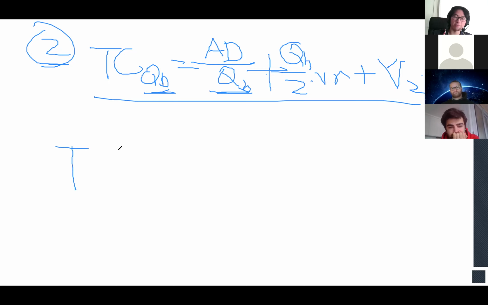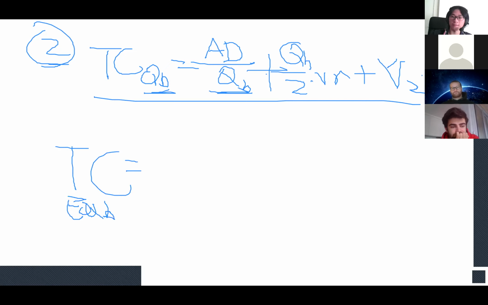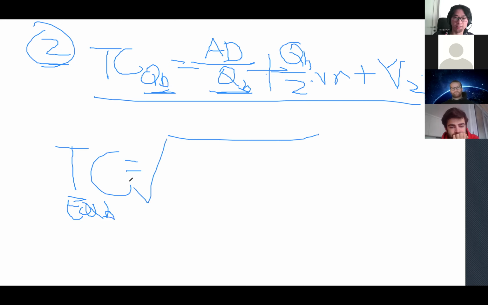And there's a second point we're considering, which is our base EOQ point. And the formula is given to be this.